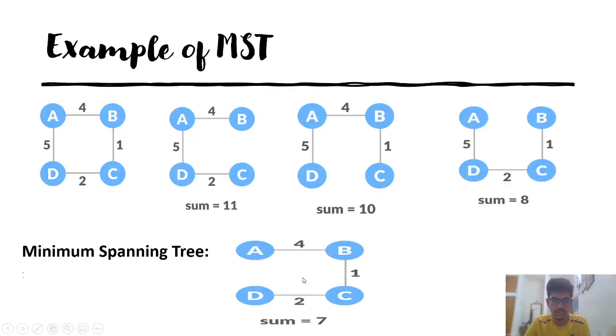So here, the sum of the weights of the edges is just 7. Comparing 7, 8, 10 and 11, 7 is the least. So we know that this subset of the spanning tree is called the minimum spanning tree.